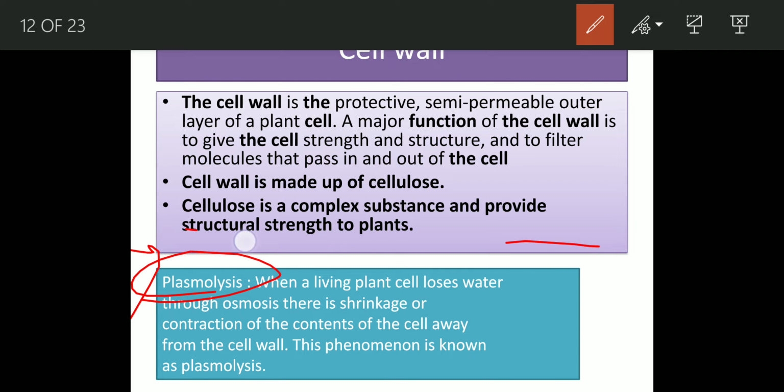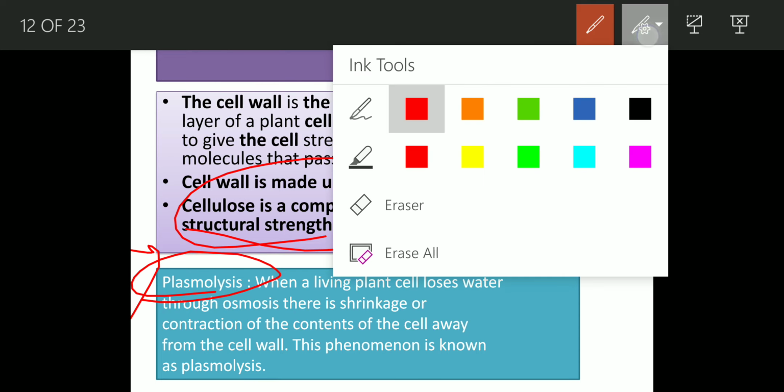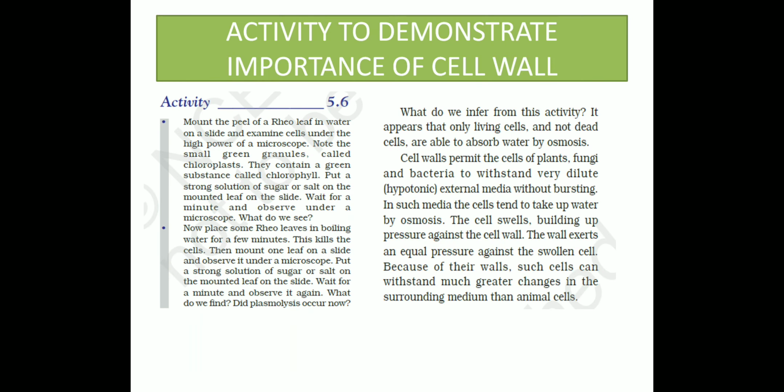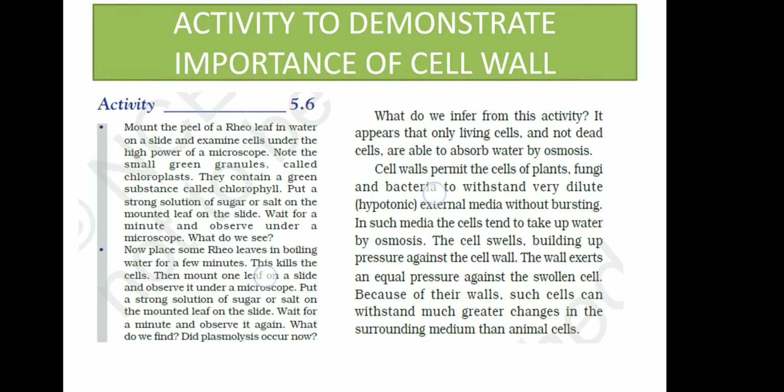So how is the cell wall useful? We did this experiment, activity 5.6. Here we have taken a Rheo leaf in water on a slide and examined it under a microscope.